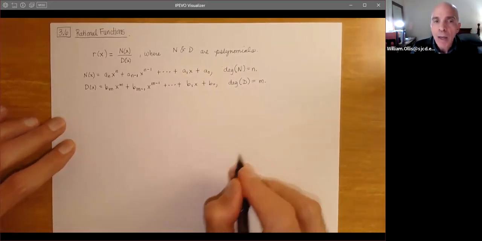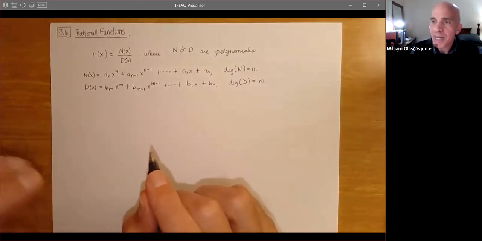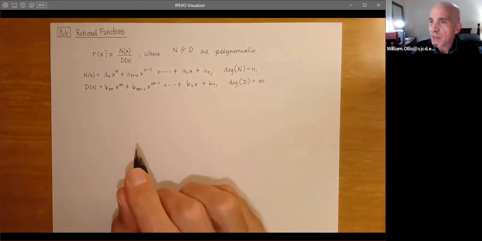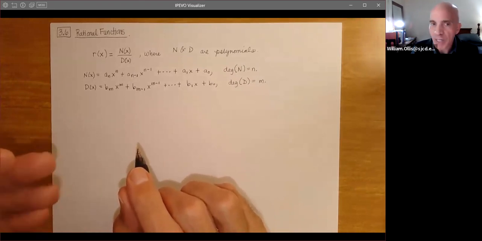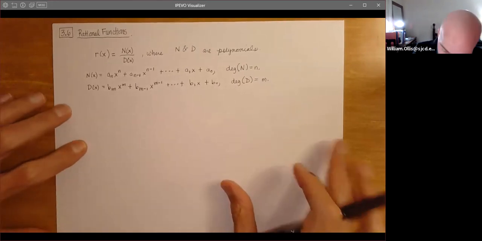Now, when we think about rational functions, we can do all the things we normally do with any function. We can think of range and domain. We can think of x-intercepts, y-intercepts. But there are two other objects that we haven't usually discussed in the past, especially with polynomials, and they have to do with intercepts.